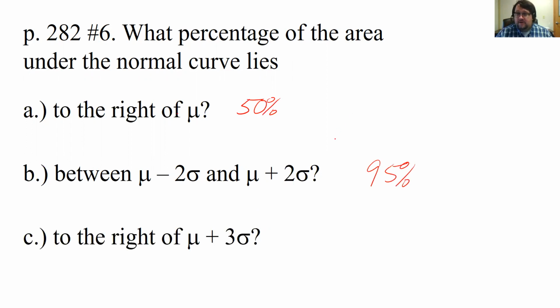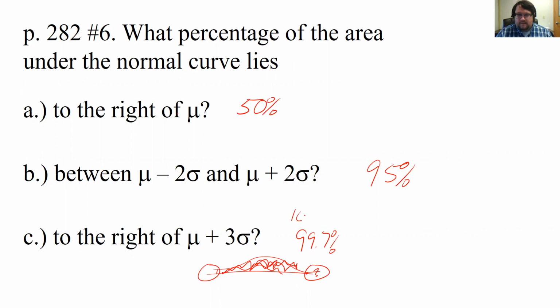To the right of the mean plus 3 standard deviations. Well, there is 99.7% within 3 standard deviations. You think about it, you got the mean, and you go 3 standard deviations that way and 3 standard deviations that way. And you got all this. This is 99.7. That means you have some here and some here. And the question is asking, how much is here?